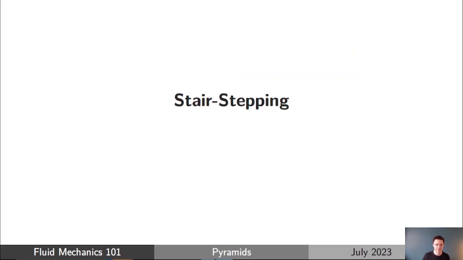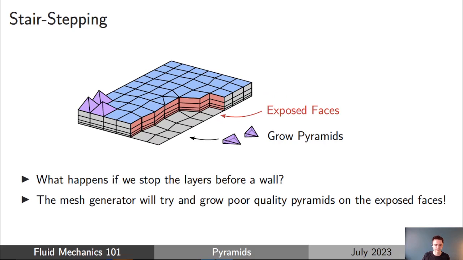And the final point I wanted to go with in this talk is stair-stepping, and this follows directly from what we were thinking about with the regions of structured mesh. What I want you to think about is, once again, generating those inflation layers normal to a surface in the CFD domain. We're projecting those layers off from the surface, but for some reason, what if we stop the layers before a wall?